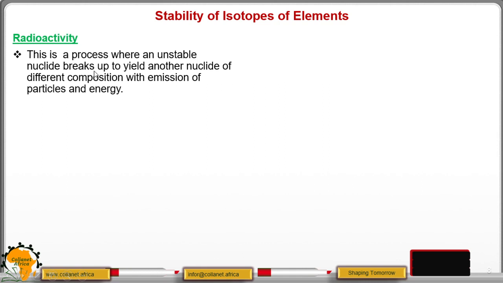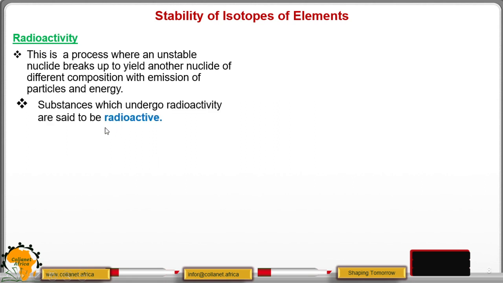There is breakdown of that nuclide until it acquires stability. And stability will be achieved when the number of neutrons is equal to the number of protons. So that process where an unstable nuclide breaks up to yield another nuclide of different composition with emission of particles and energy is what we call radioactivity.